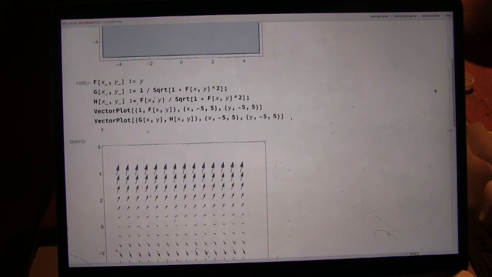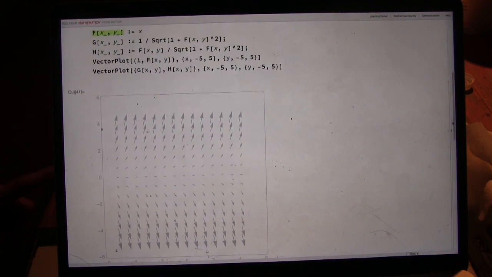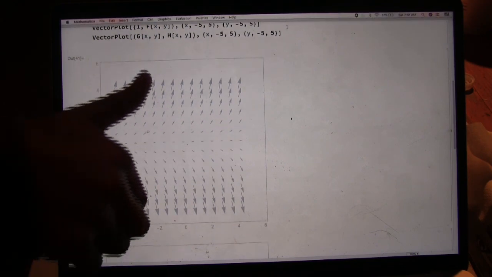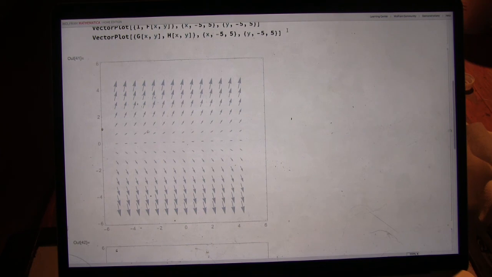Okay, but now I'm going to change it to f of x, y. The slope is now x. The slope is now determined by the x value rather than the y value. So what do you think this is going to look like? We're going from negative 5 to 5, and y goes from minus 5 to 5. Slope is determined by the x value. I think this is just going to turn this on its side.